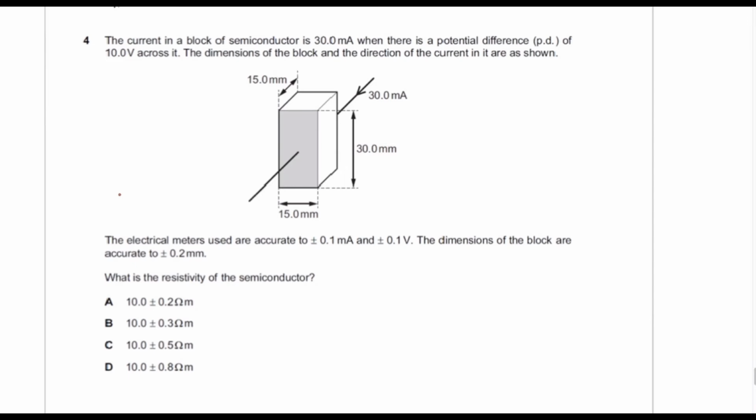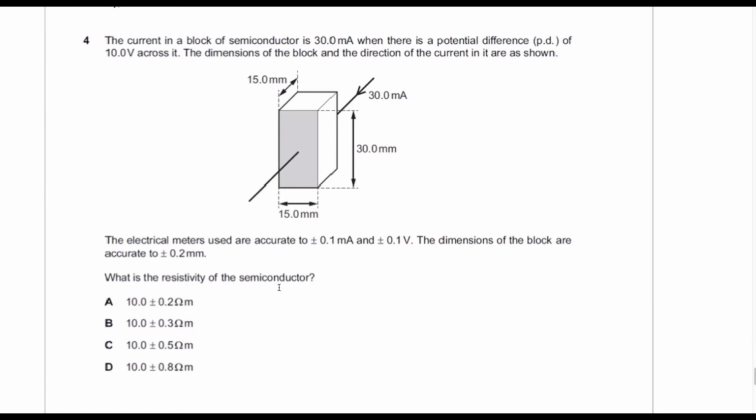So they give us so many values. The electrical meters used are accurate to 0.1 milliampere and 0.1 volt. The dimensions of the block are accurate to plus minus 0.2 mm. What is the resistivity of the semiconductor?